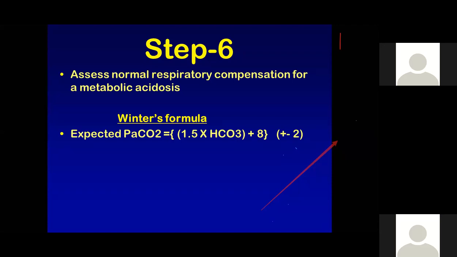All these formulas have been there, and there are ready apps today for the ABG, and most of them use this one. But still, to keep us updated, and if you don't have those kinds of gadgets, it's important that you mention in your case sheet what type of acidosis, what type of problem the patient is having.